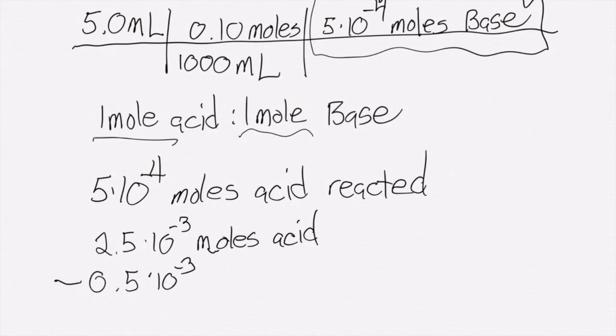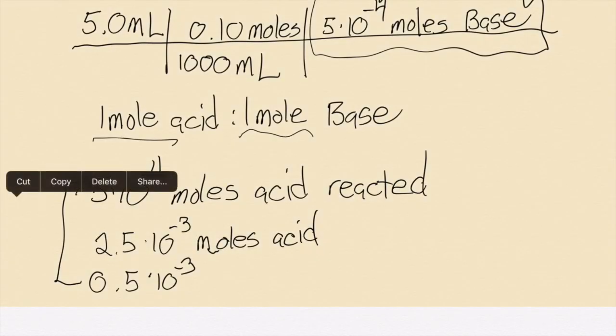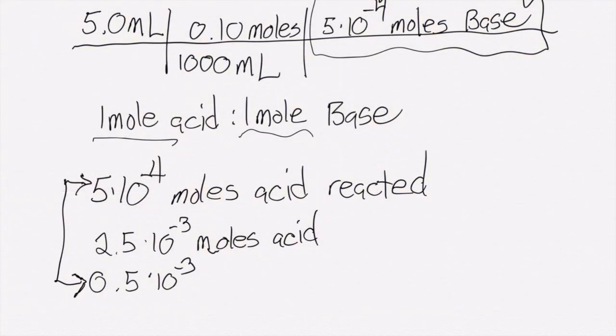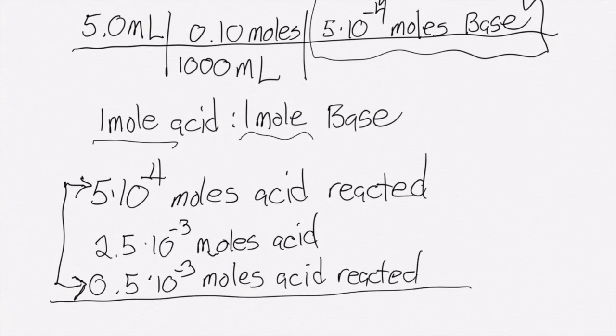This is the same as that; I've just changed it over so I can do my subtraction with the same base 10 unit. What we find is that after this reaction, we now have 2 times 10 to the minus third moles of acid left.